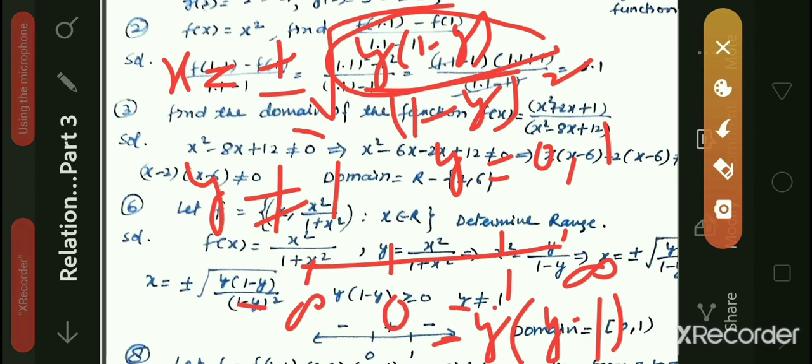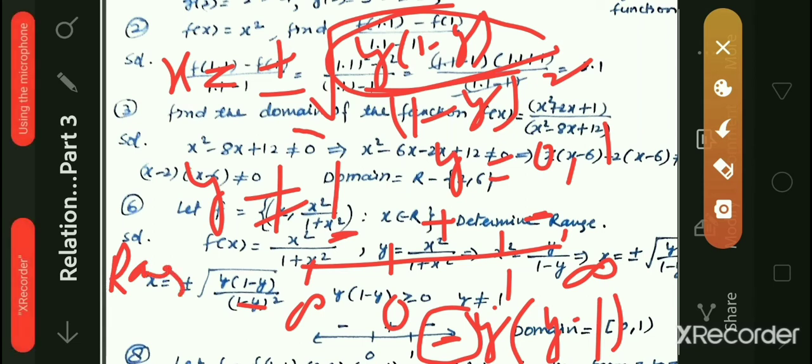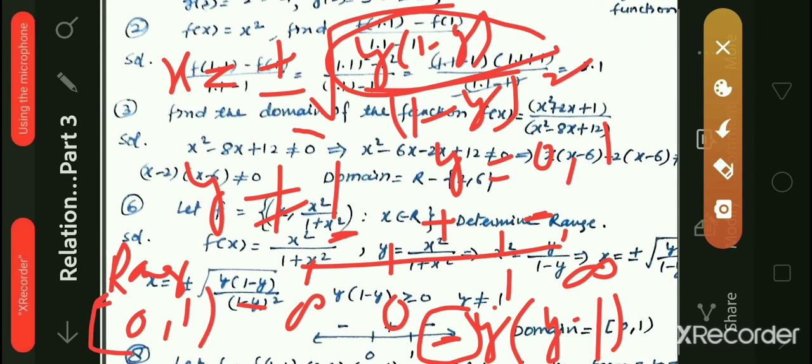Since its sign is negative here, start with a negative sign: minus, plus, minus. Now where will this be positive? This will be positive in 0 to 1. So your range will be 0 to 1, but it will be a semi-closed, semi-open interval, because 1 is not included here.